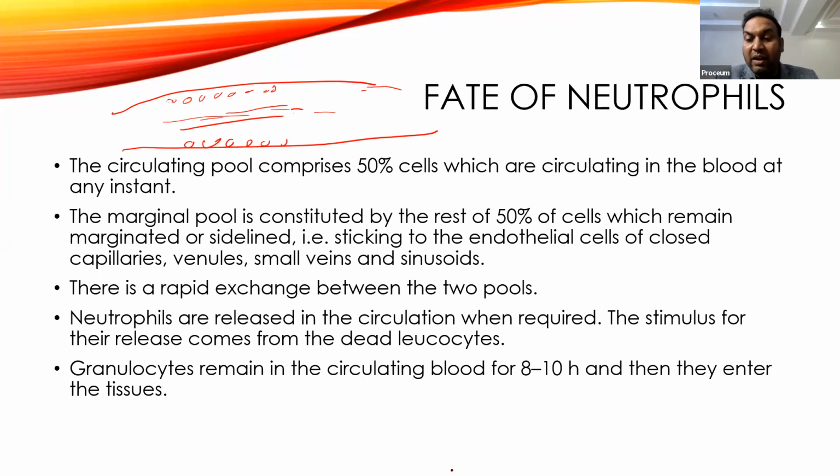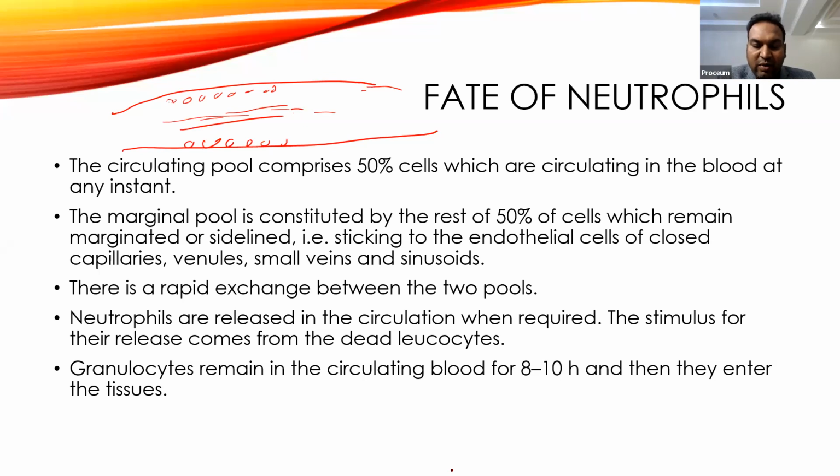So come to the marginal pool. In the marginal pool, they are usually lined along all types of capillaries, venules, sinusoids, even small veins. They are all present there, and will stick there and remain there. Whenever there is an increased requirement of neutrophils, this will stimulate sympathetic activity that causes vasoconstriction, and this marginal pool will move into the circulating pool, and there will be an increased count of neutrophils in circulation.